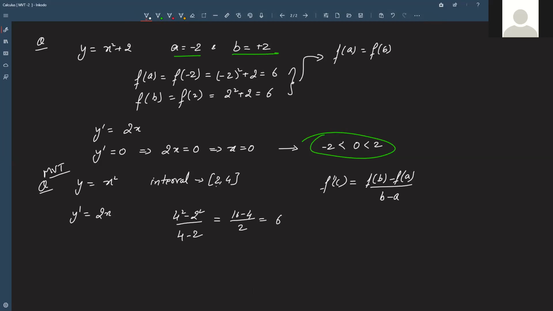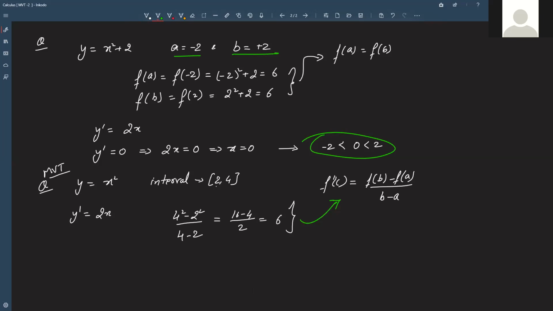So we have got this value equal to 6. This is, you can say, the average rate of change, f of b minus f of a divided by b minus a. That's what we have done here. So this is just application of this formula.